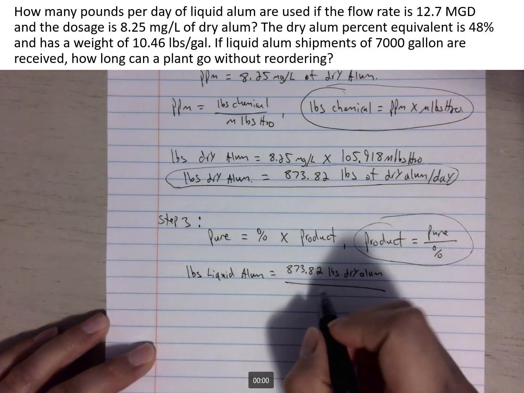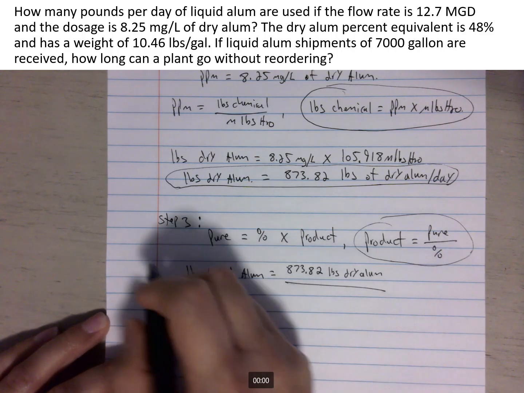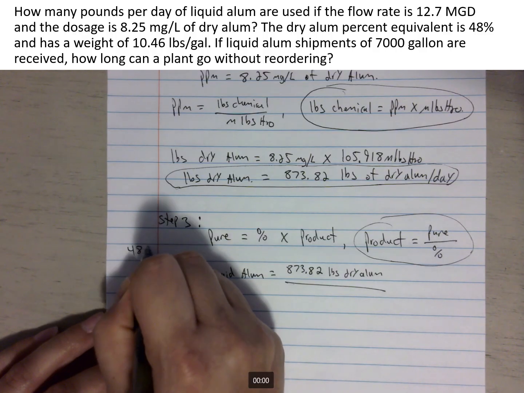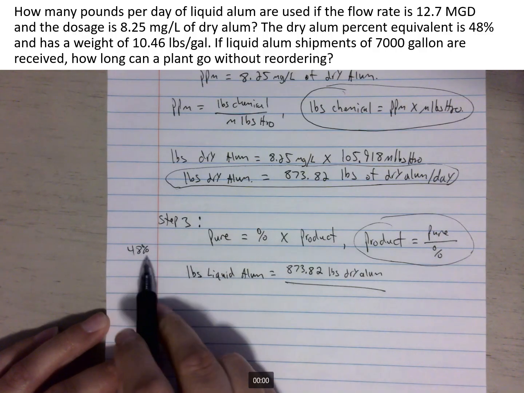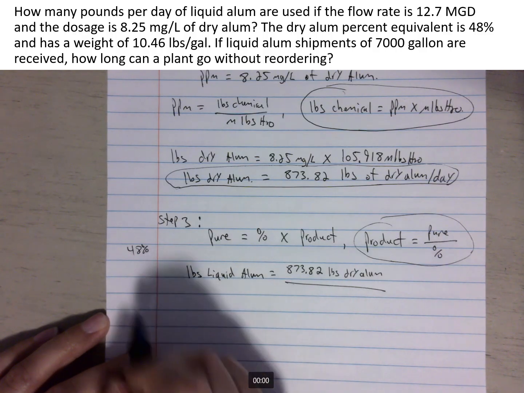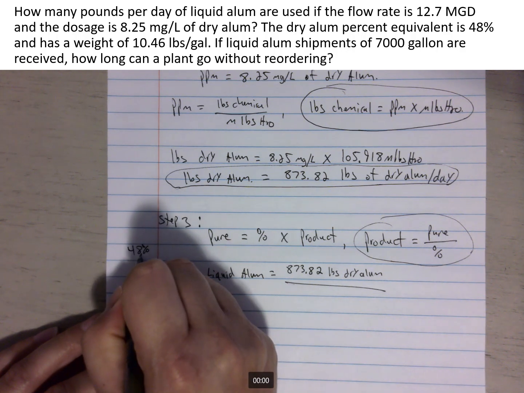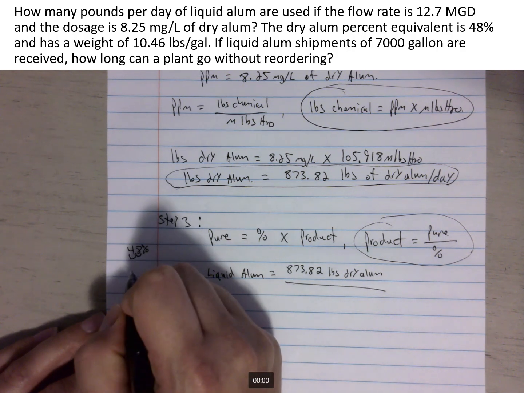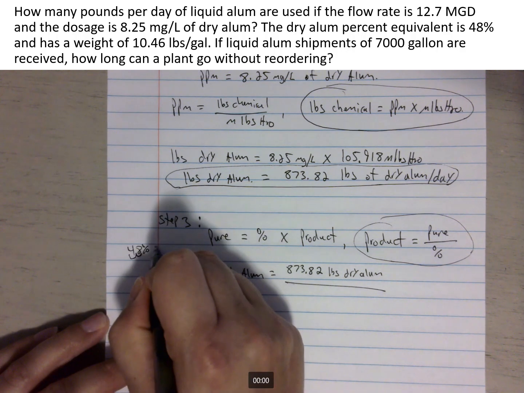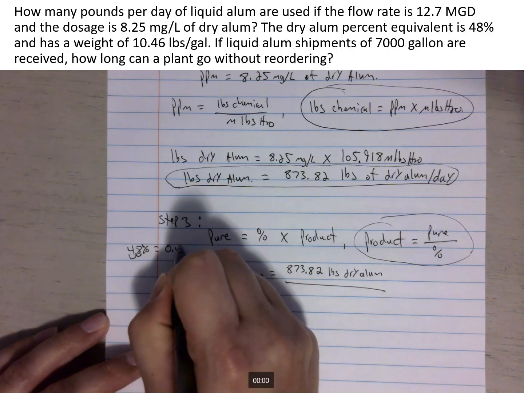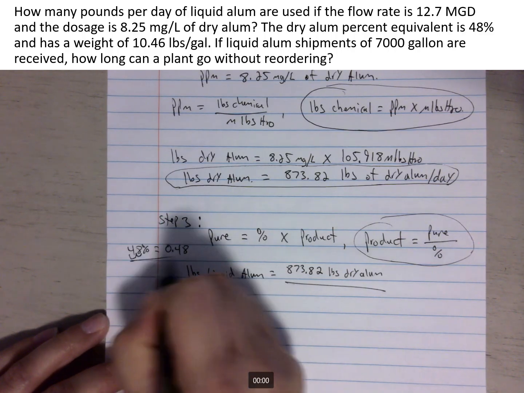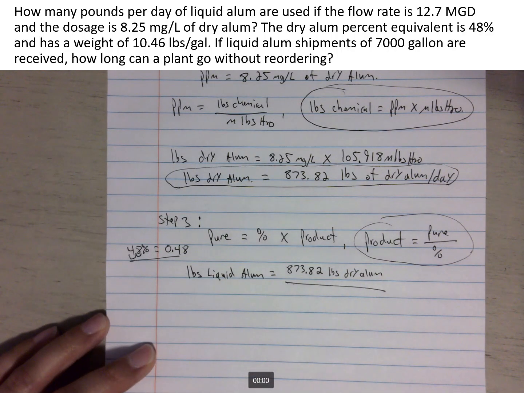That is 48%. Well, we can't use the whole number, so we use the decimal representation. We move 2 places to the left, and as a decimal, 0.48 is our percentage.